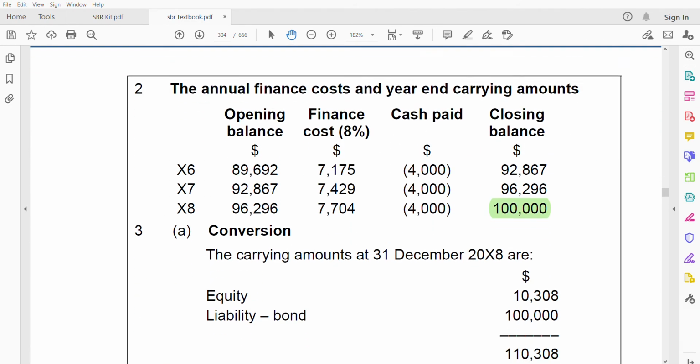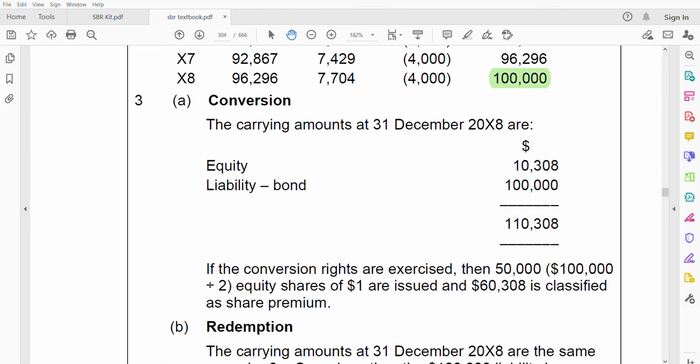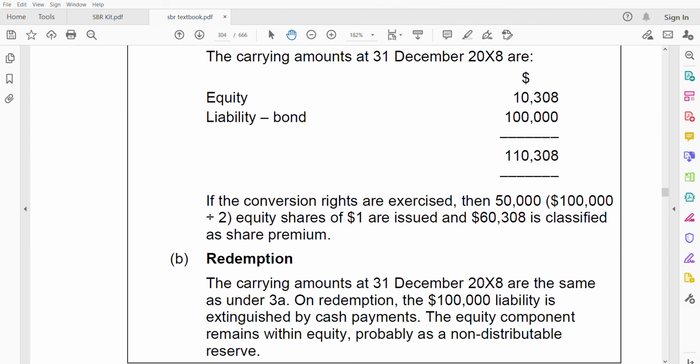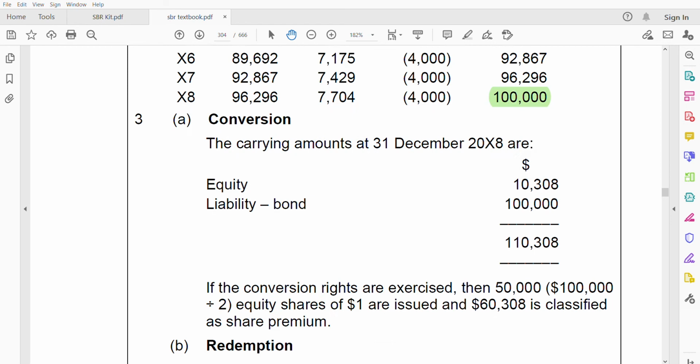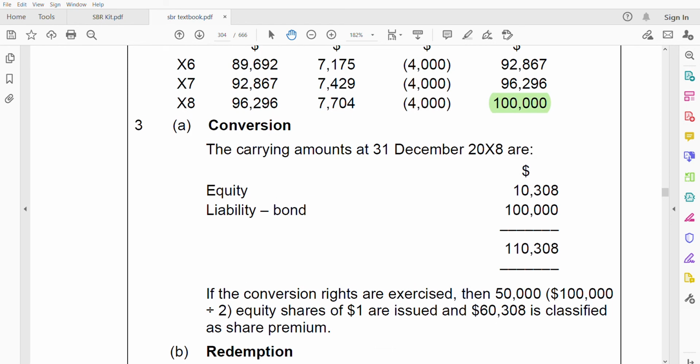Now, before I go to conversion, one might have this doubt, which I forgot to tell previously: why are we adding this again here? You must be thinking that this 10,308 is included in this 100,000, right? So why are we adding this?